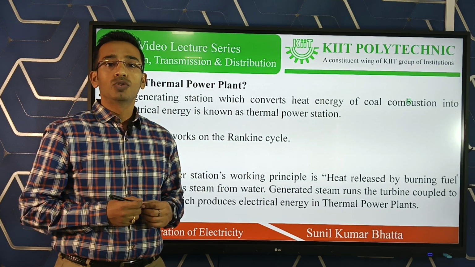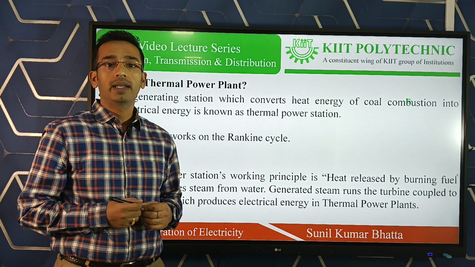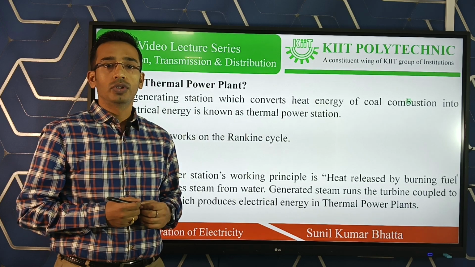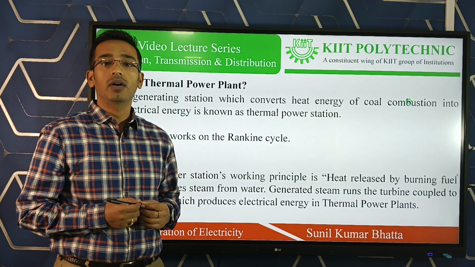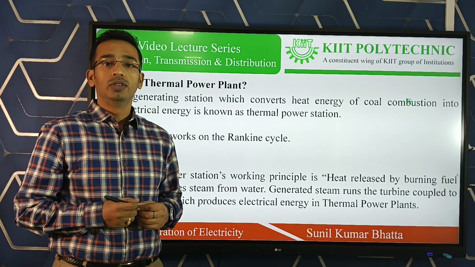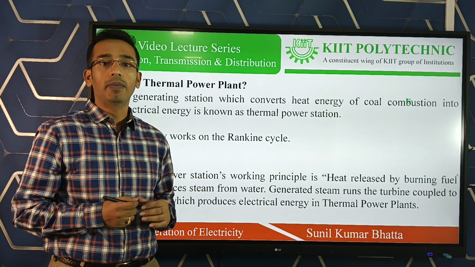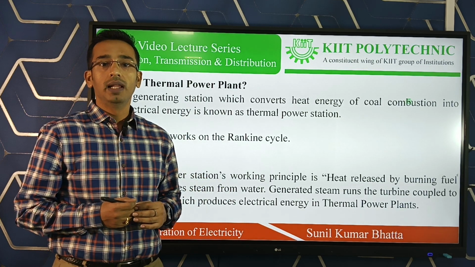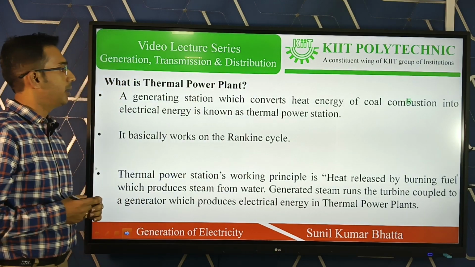Non-conventional source means solar, wind, biomass, tidal. These are your non-conventional sources. From the non-conventional source we are also generating power, and that is known as a non-conventional power plant. So the thermal power plant which we are going to discuss today is a conventional power plant.